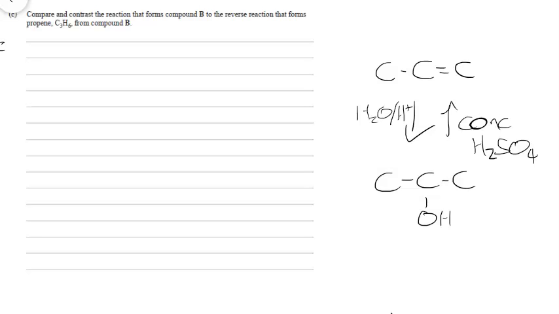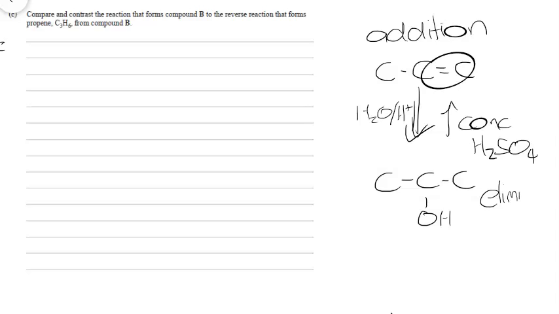So to go in this direction, we're adding atoms or groups of atoms to those carbons, and in this direction we are eliminating the hydroxy group and the hydrogen. So we'd start off by saying that. We'd say in one direction, going down that way, it is addition.